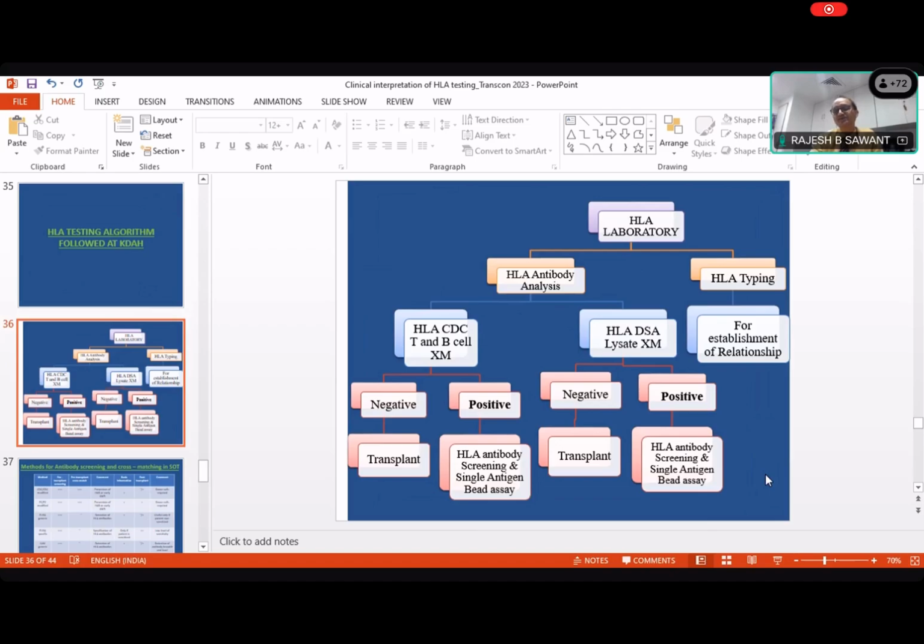And of course, there is a lot of scope because transplant in general is increasing, not only in India but worldwide. So a good knowledge about transplant immunology, monitoring, and counseling is very important.